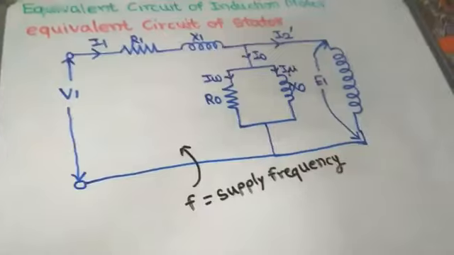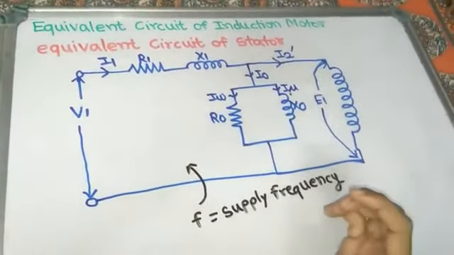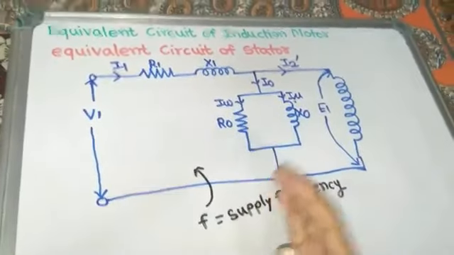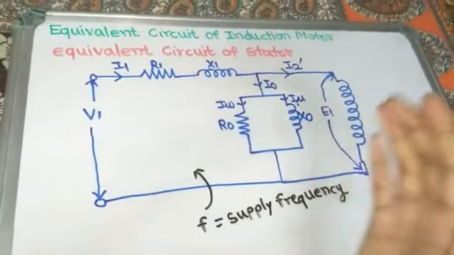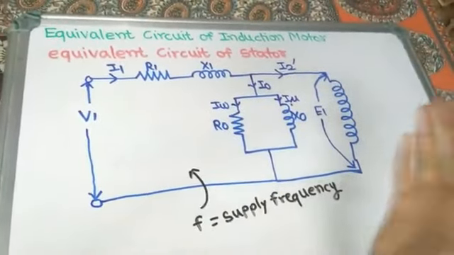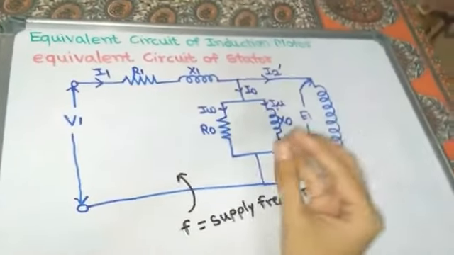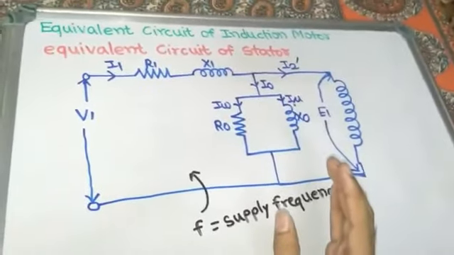Now if we see the transformer, the secondary winding is also of the same frequency as the primary winding. A transformer is a static piece by means of which electrical power is transferred from one electrical circuit to another alternating circuit. We change current and voltage but without change in frequency. But what about the three-phase induction motor?